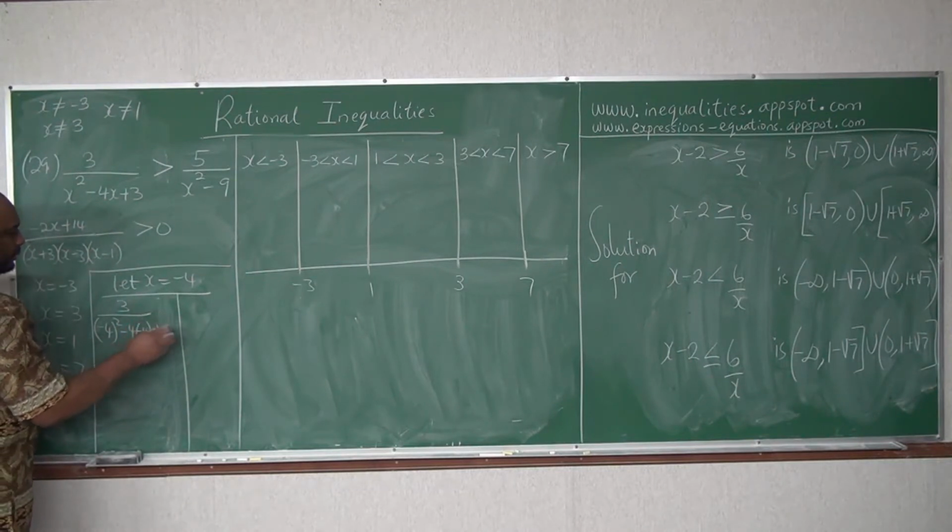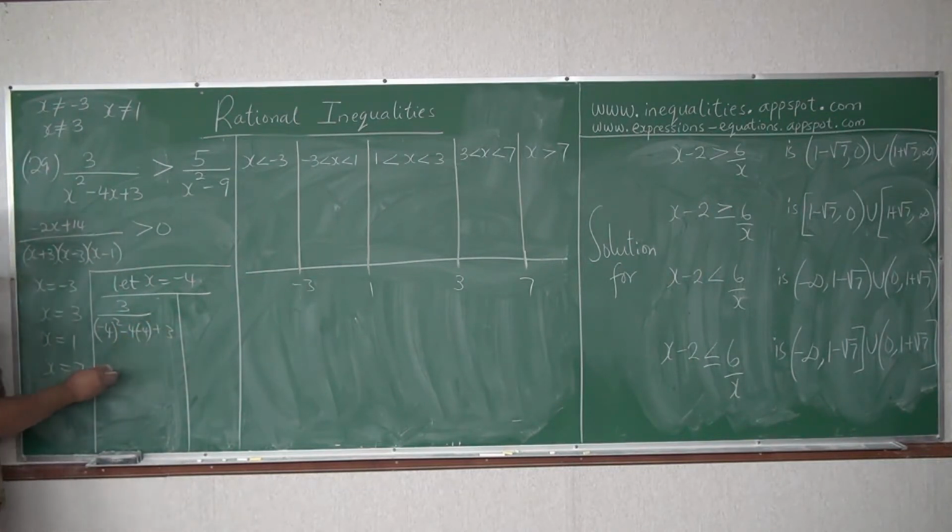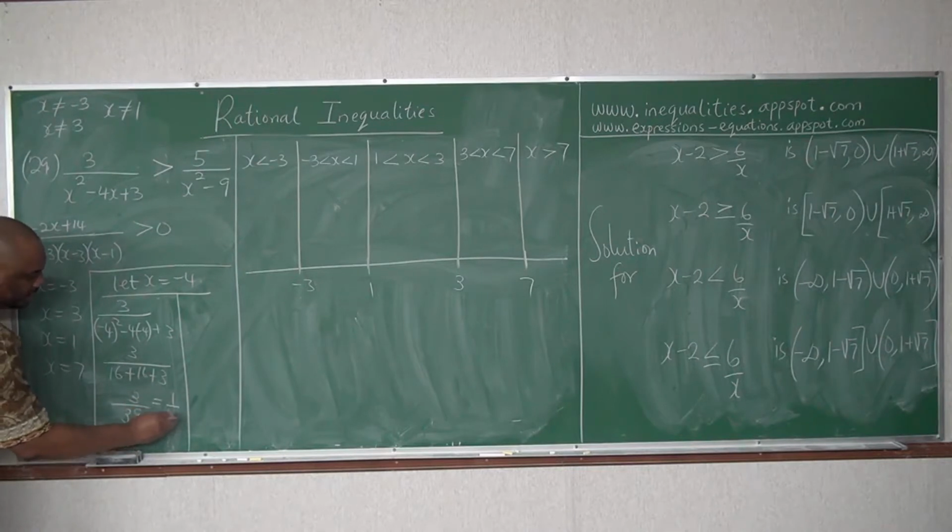So this is 3 over 16 plus 16 plus 3, which is 3 over 32 plus 3 is 39. 3 over 39, which is 1 over 13.